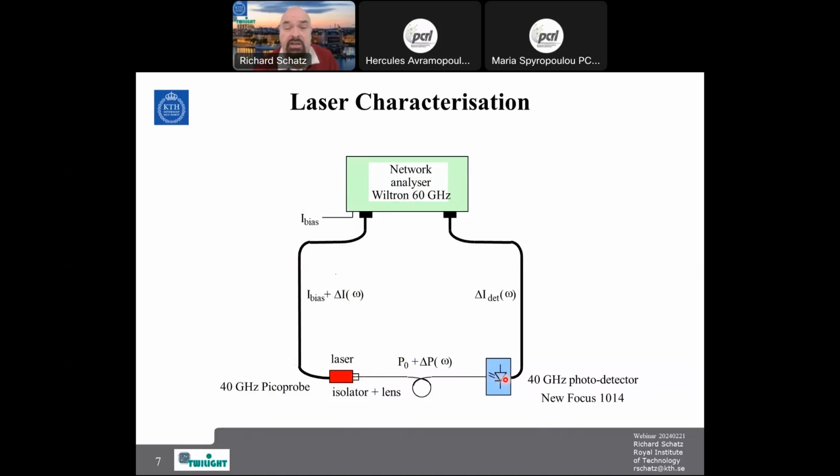Then you have a detector, and it gives back the sinusoidal signal to your network analyzer, and the network analyzer compares the received signal with the transmitted signal and sees how its amplitude and phase vary depending on the frequency it sent out. So it sweeps its frequency. So it measures the transfer function of the laser and detector.